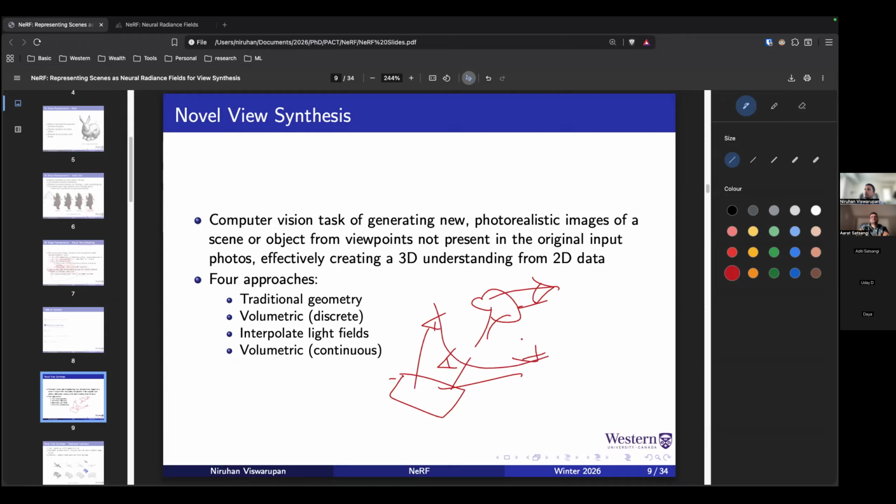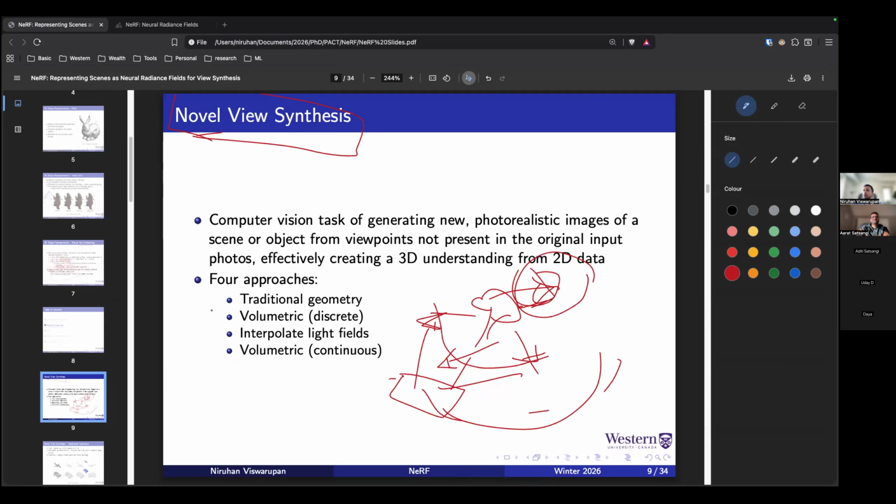So this is a novel view. Novel is like new. These are views that are present in the training data set, and this novel view we have to somehow synthesize from the representation that we are learning. That is why they call this novel view synthesis. Any questions from this?